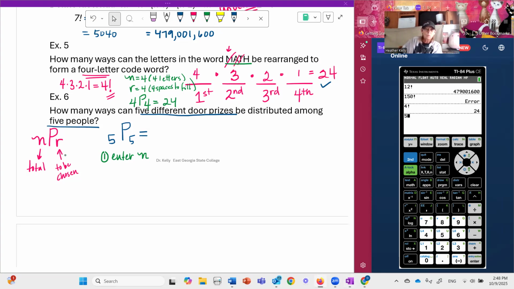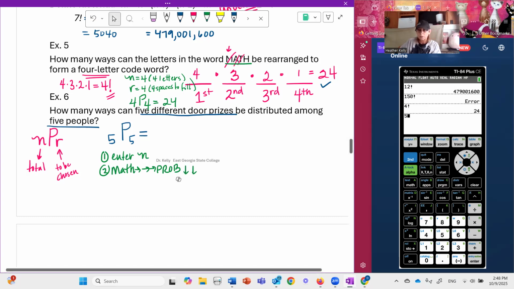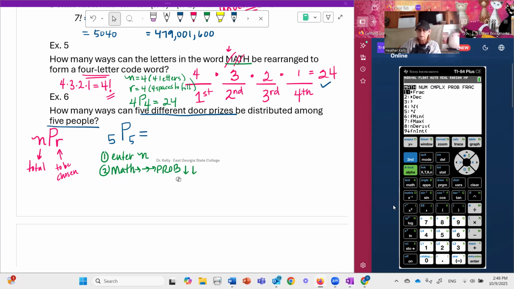And then we're going to say math, and go over to probability. We go down 1 spot. Sorry, I said 2, but we go down 1 spot to that. See that nPr right there? Go down 1 to nPr, and then hit enter.